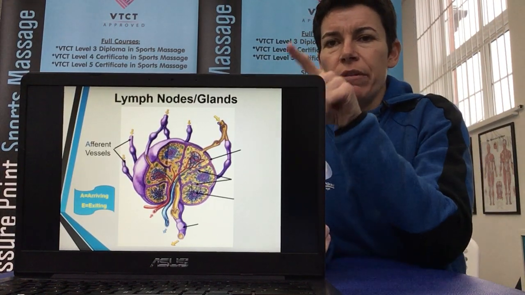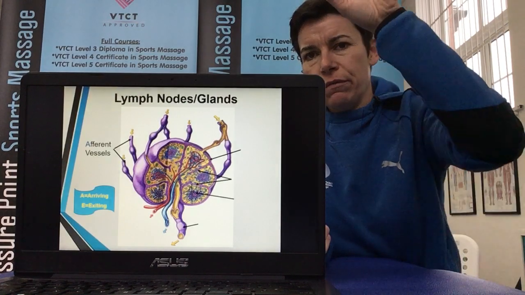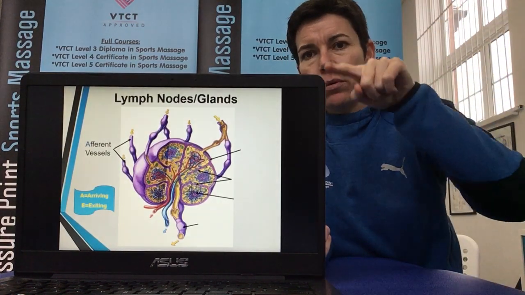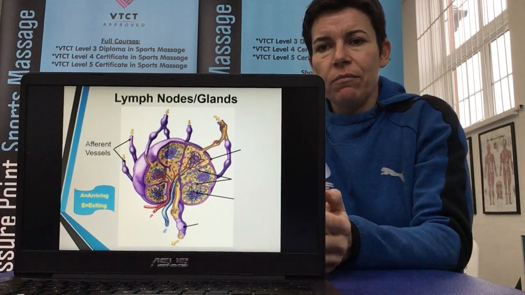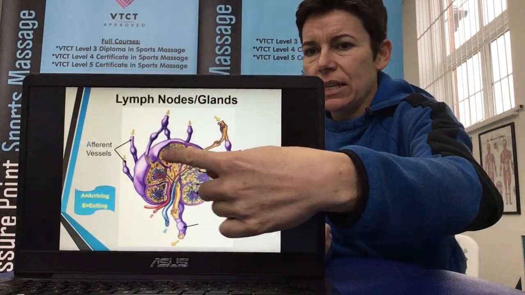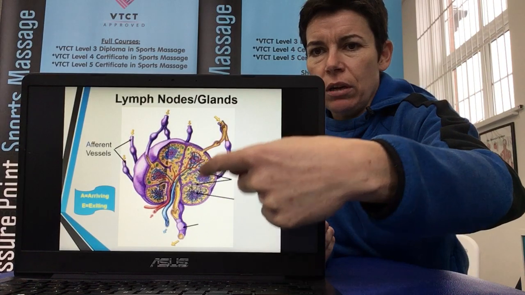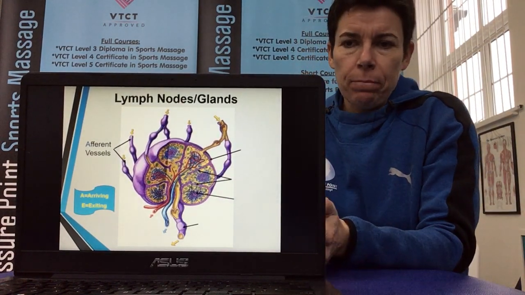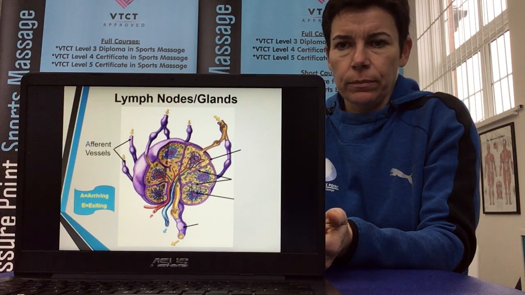So all the afferent vessels are taking all this fluid it's got from different parts of the body, and it's collating it all into this one lymph node or lymph gland. And you can see inside here quite a complex structure, but that's where the filtration happens. That's where it's filtering the waste and also producing the lymphocytes.